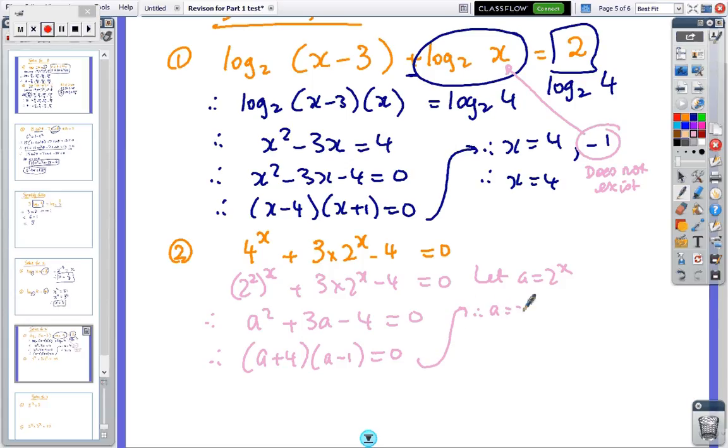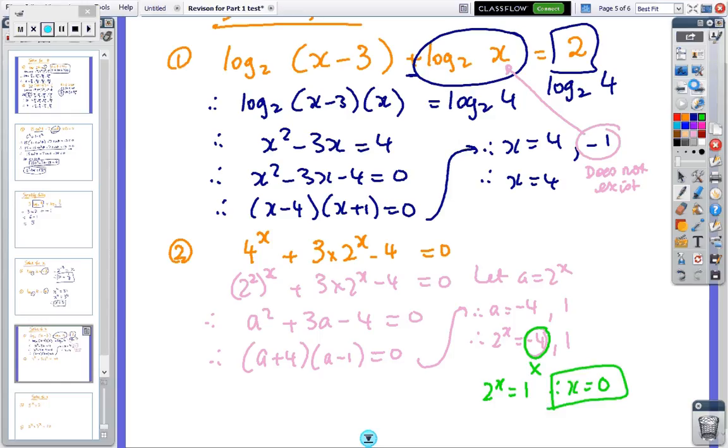So a equals negative 4 or positive 1. And what's a equal to? 2 to the x. Now, as I just said a second ago, you can't raise a number to a power and get a negative, so that doesn't exist. So 2 to the x equals 1, so x equals 0.